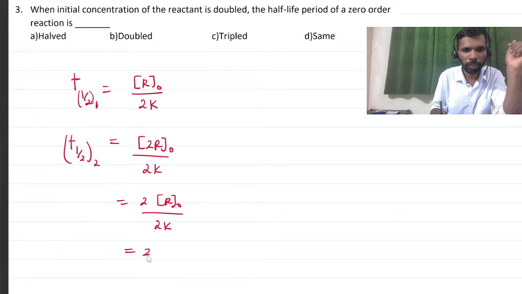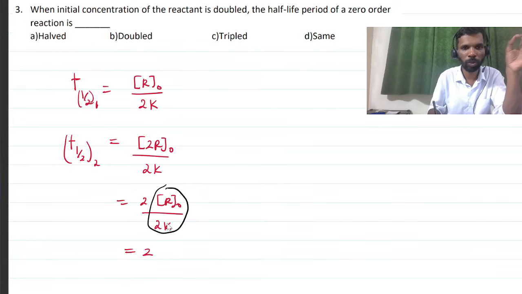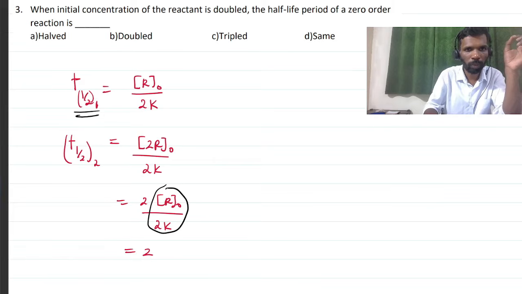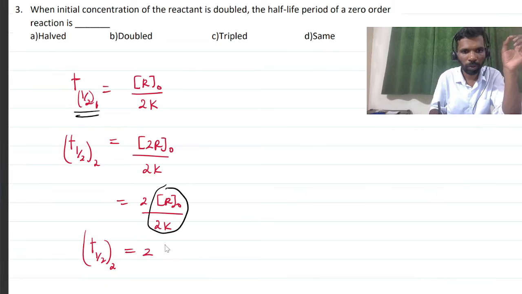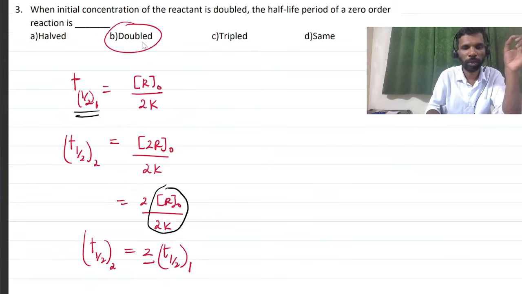This term R0 by 2K is t half 1. So the new t half 2 will be 2 times t half 1. So the answer is: doubled.